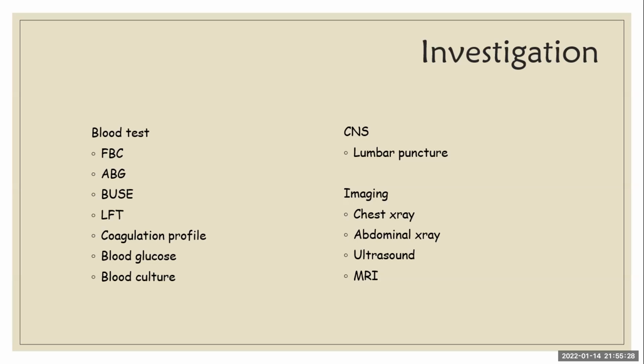And if we suspect meningitis, we can do a lumbar puncture in order to check the CNS analysis. For other imaging, for example, if we suspect acute respiratory distress syndrome in a premature baby, we can do a chest X-ray to visualize whether there is opacity and whether there is presence of air bronchogram in the lung.